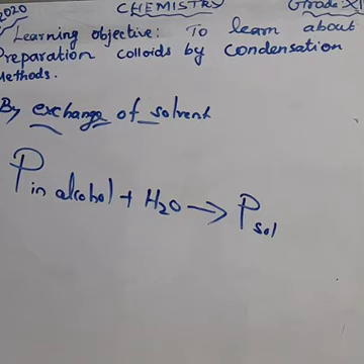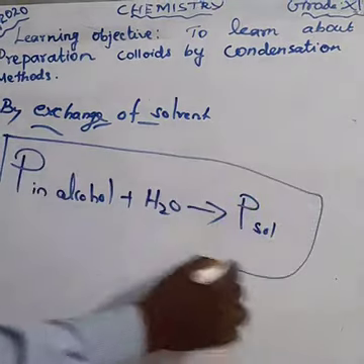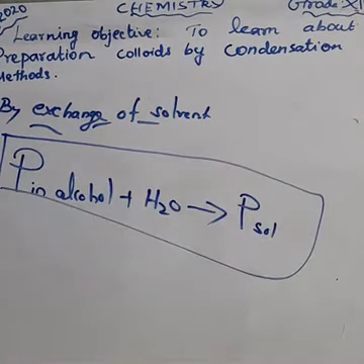The colloidal solution of a few substances like phosphorus or sulfur is obtained by preparing the solution in alcohol and pouring it into water, as they are insoluble in water, meaning low solubility. They form the colloidal solution, phosphorus sol. This is the exchange of solvent method.